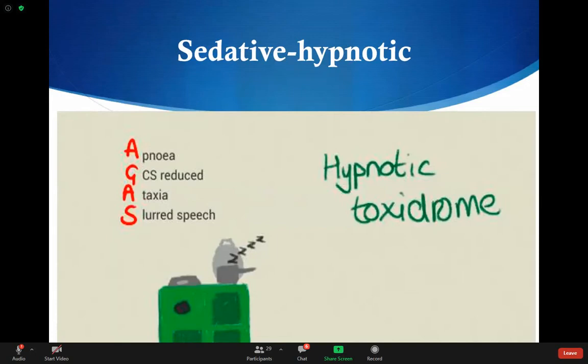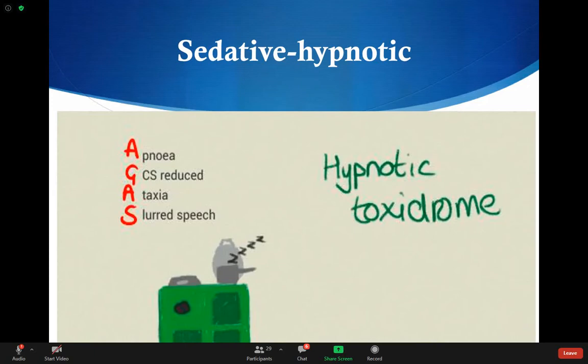They're not narcotics, and because they're sedative, they cause decreased level of consciousness. In large doses, they can cause apnea or respiratory depression. They cause usually ataxia and slurred speech. If you want to remember sedative hypnotics, just imagine someone is drunk on alcohol. That's what sedative hypnotic is.